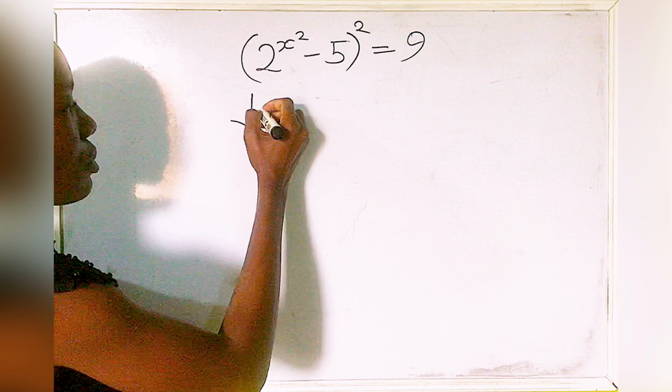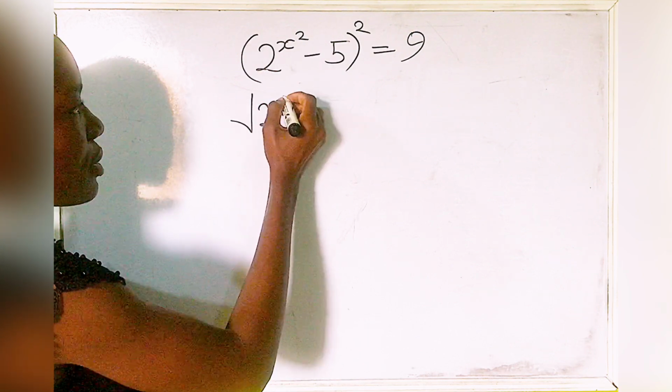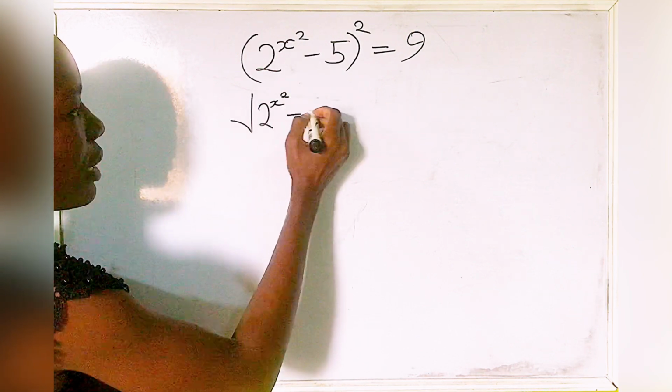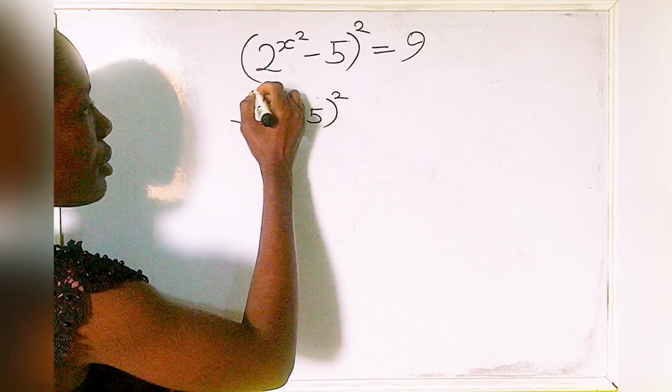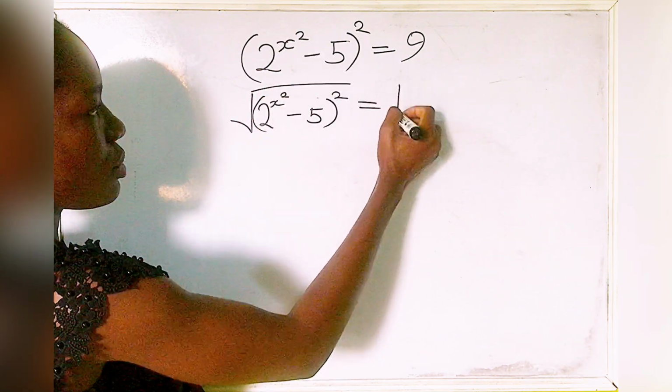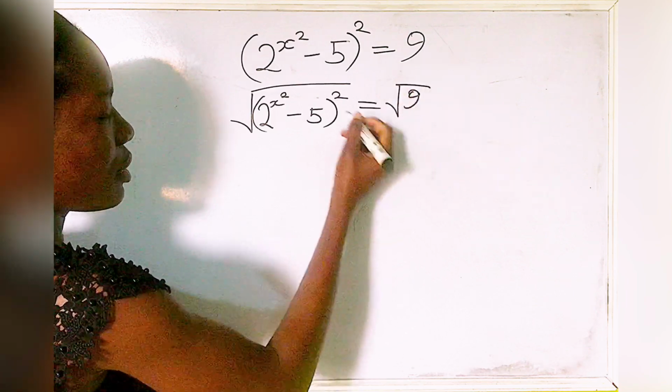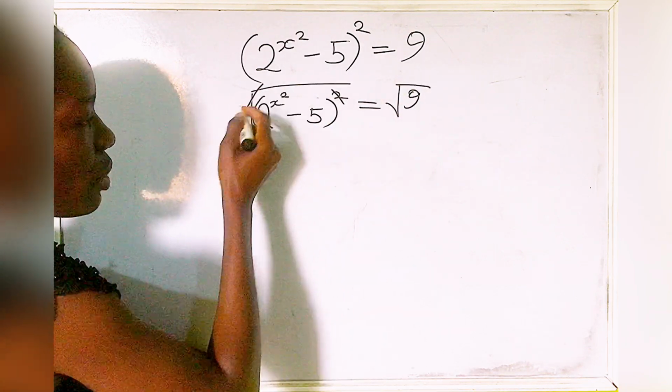So we say square root of (2^(x squared) minus 5), this is in brackets, is equal to square root of 9. Now the square cancels the square root.